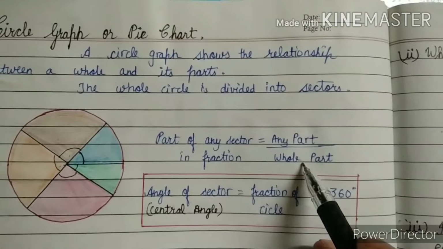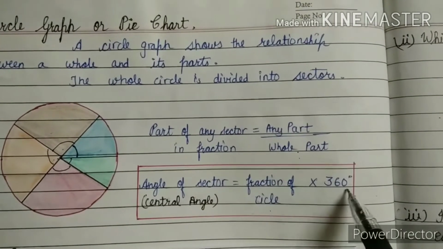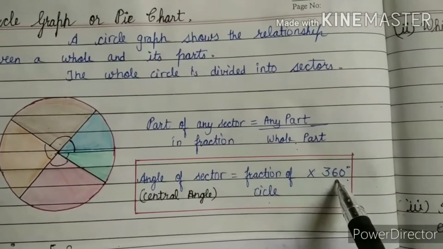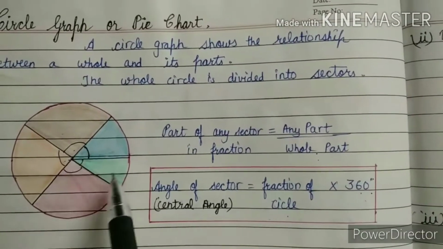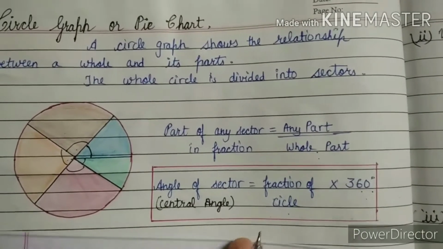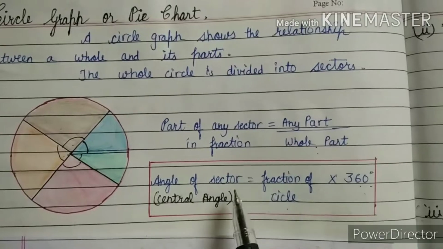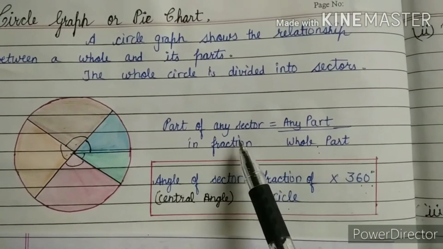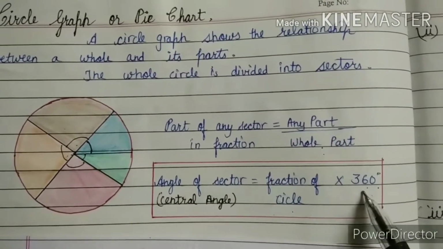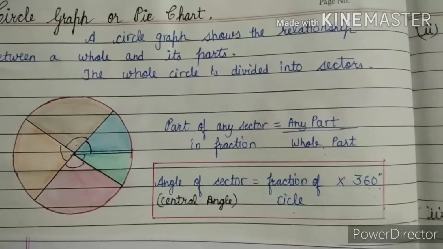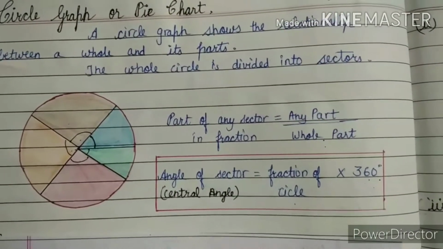After taking the fraction, we will multiply the fraction by 360, because 360 shows us the total complete angle. So the fraction of any part multiplied by 360 will give us the central angle.